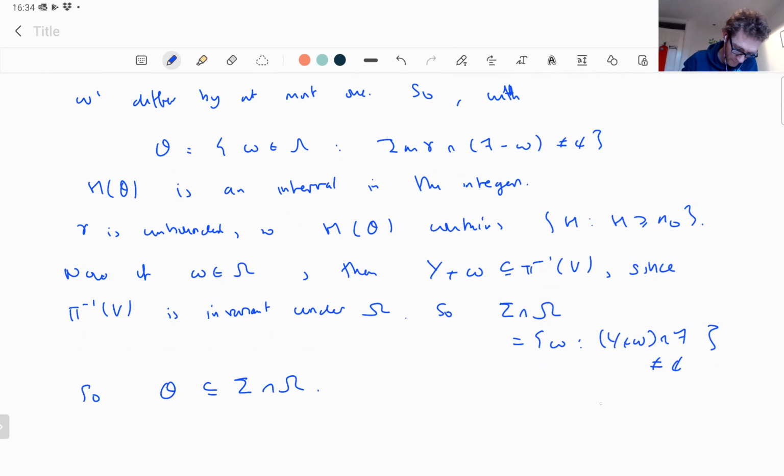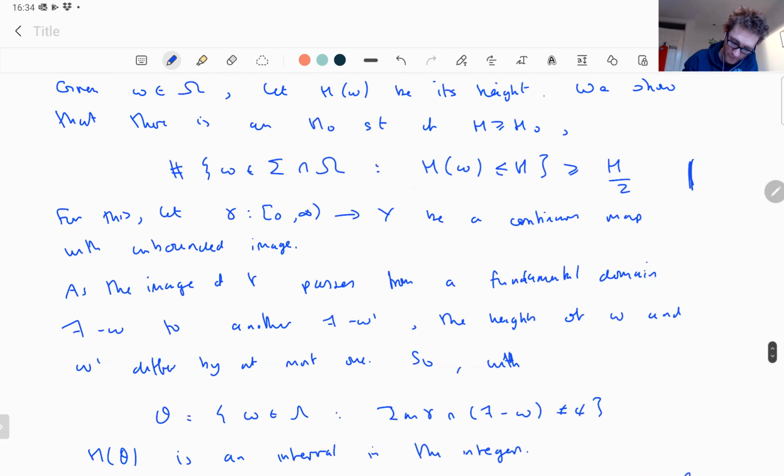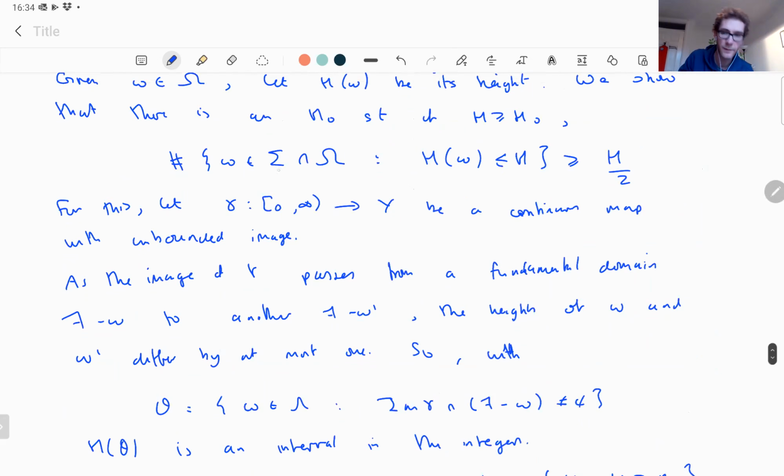Okay. So that gives us this. Now by Pila-Wilkie, that means that sigma must contain an algebraic curve, a semi-algebraic curve.